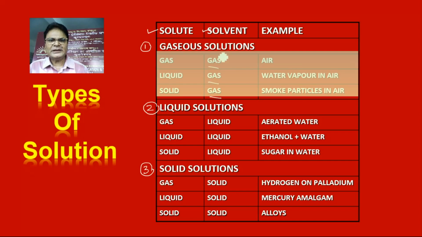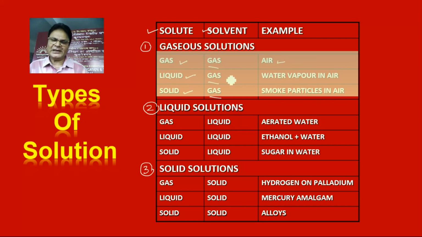What about the solute? The solute may be gas, liquid, or solid. If the solute and solvent both are gas, then the solution formed is gaseous. An example is air. If the solute is liquid and the solvent is gas, then also the solution formed is gaseous.